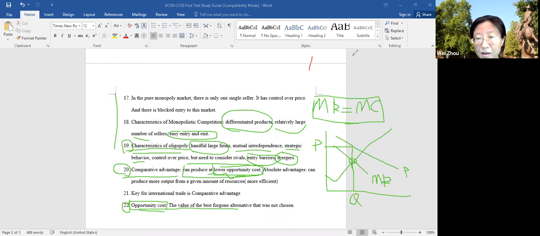So in the chapter on international trade, we said if the US uses all the resources to produce beef, then 30 beef they can produce. And if the US uses all the resources to produce vegetables, then 30 vegetables they can produce. And that PPC curve shows the trade-off or opportunity cost of producing beef if they give up vegetables.